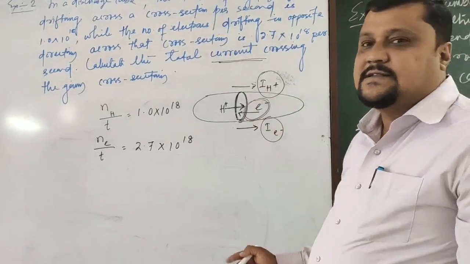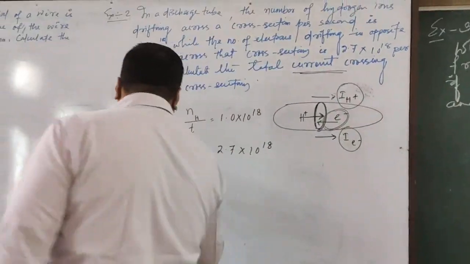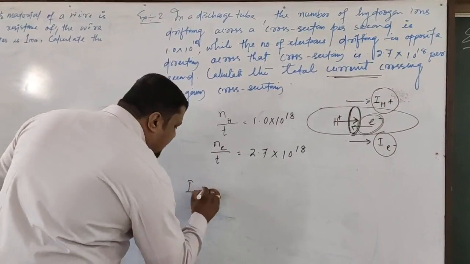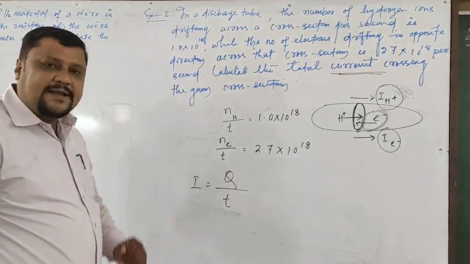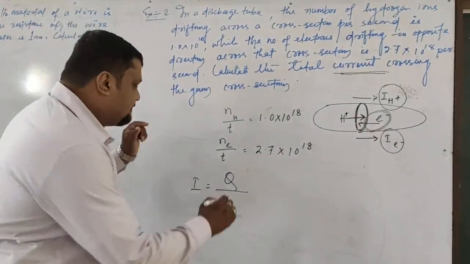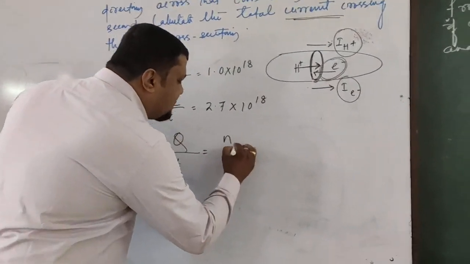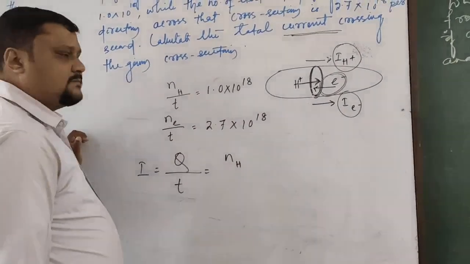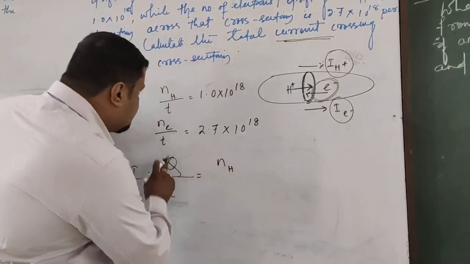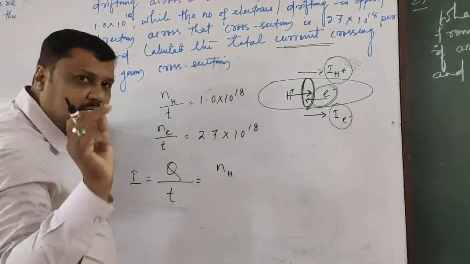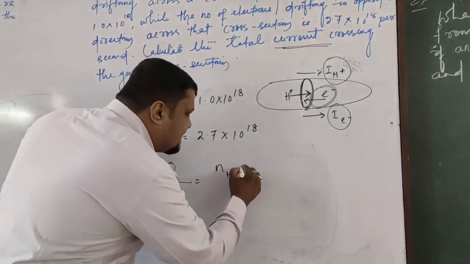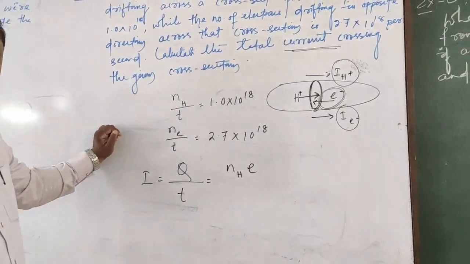That is your question. So in that case, I will use I is equal to total charge by time, I is equal to Q by T. Here Q is equal to the number of hydrogen atoms, N H, into the charge of a hydrogen atom. The hydrogen atom consists of one proton, so the charge is e. Proton charge is equal to electron charge.